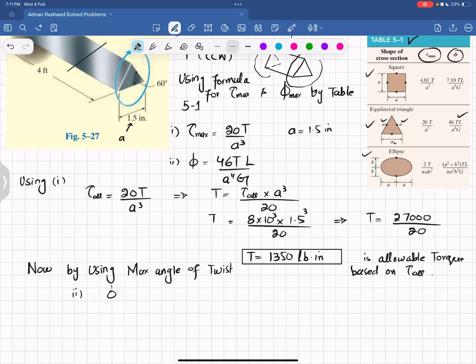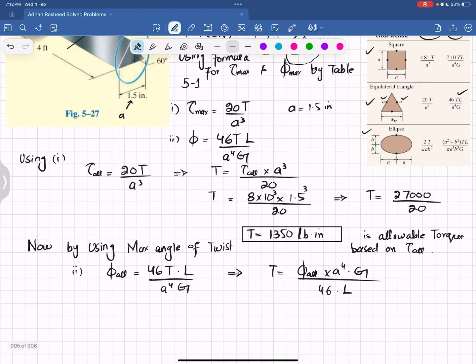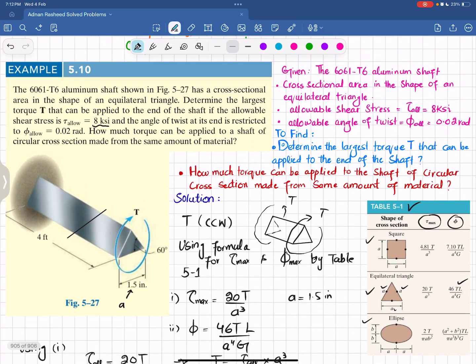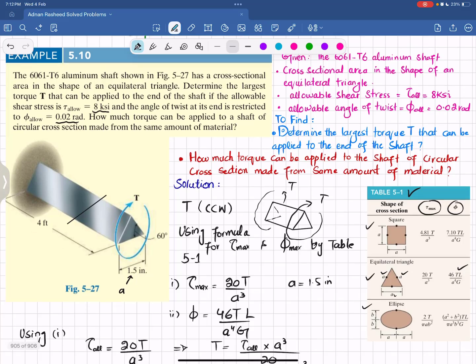formula number 2, which is the allowable angle of twist is 46 times T into L divided by A power 4 into G. So from here T will be equal to the allowable angle of twist multiplied by A power 4 into G divided by 46 times L. Now the allowable angle of twist is given as 0.02 radian.